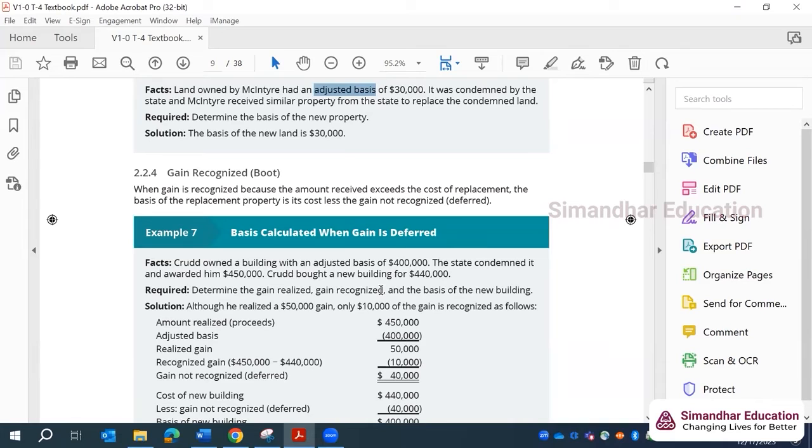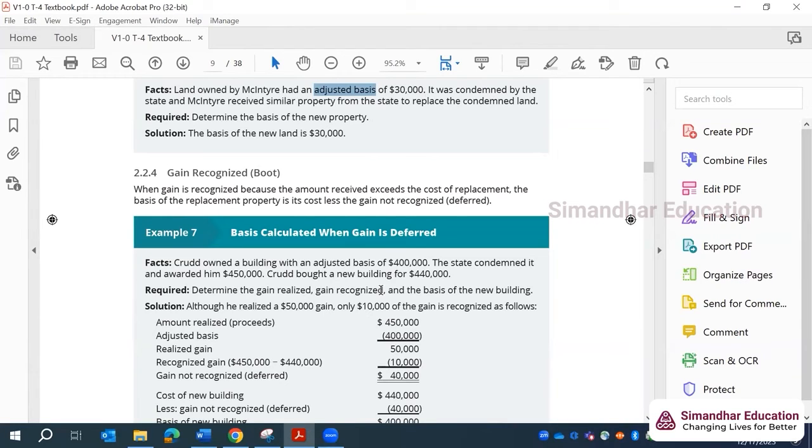CRUD bought a new building for $440,000. So of the $50,000 of gain, how much of the gain has he reinvested? He's reinvested only $40,000 because he bought a new building worth $440,000.